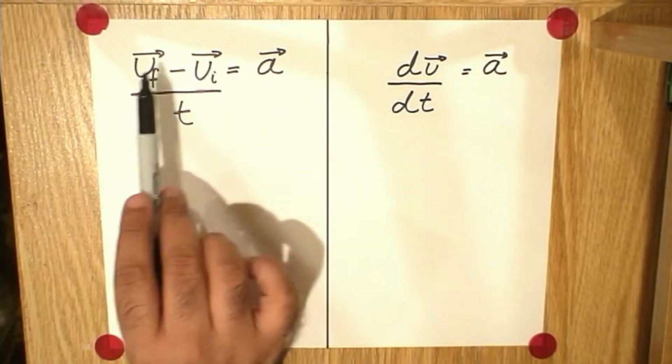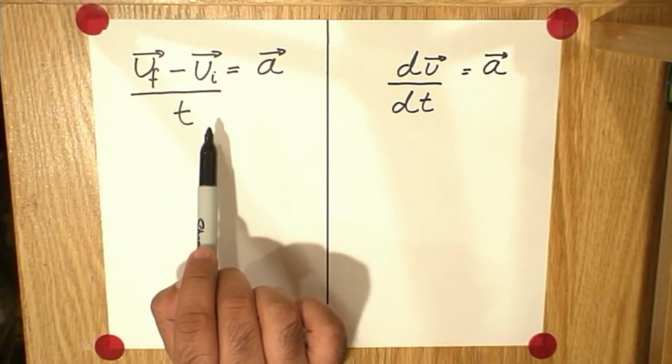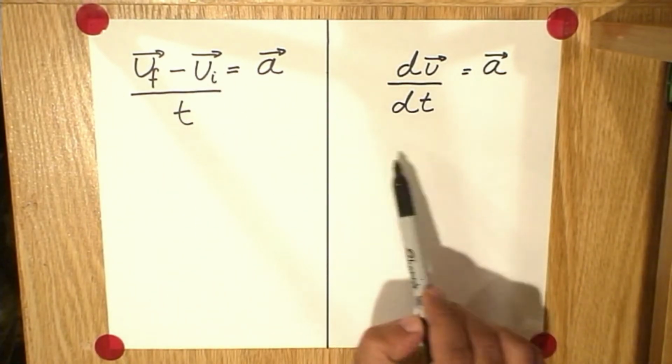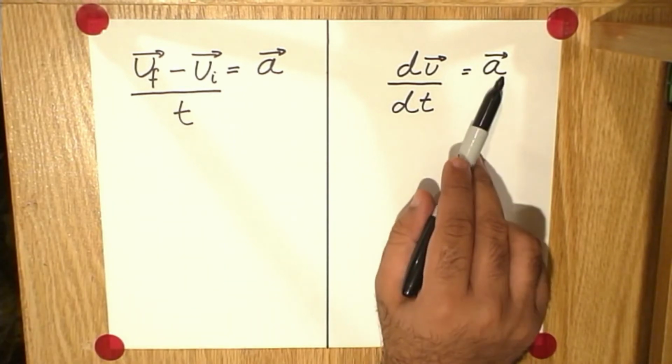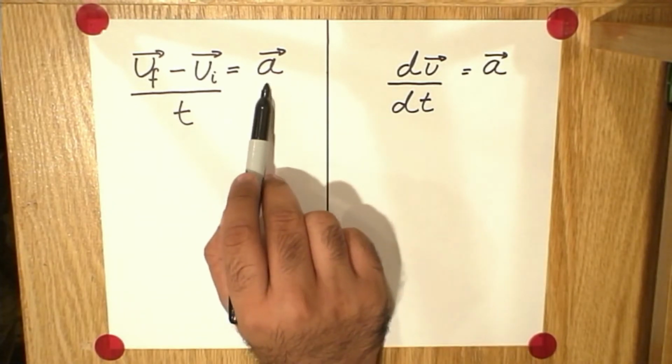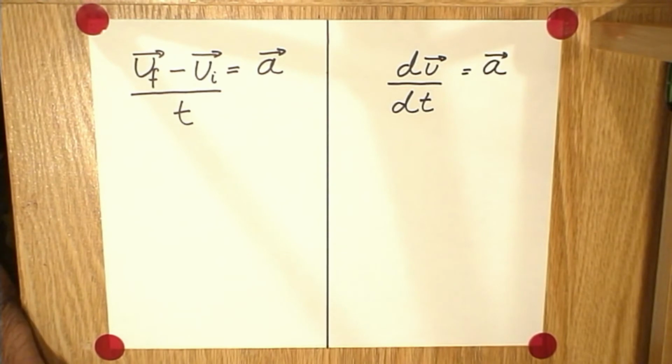These two equations are related to the same concept, but they are saying slightly different things. Strictly speaking, this is an equation for average acceleration, and this is an equation for instantaneous acceleration. Remember that for the purposes of Newton's toolbox equations, acceleration is constant, so instantaneous and average are one and the same thing. So we can derive Newton's first toolbox equation like this.